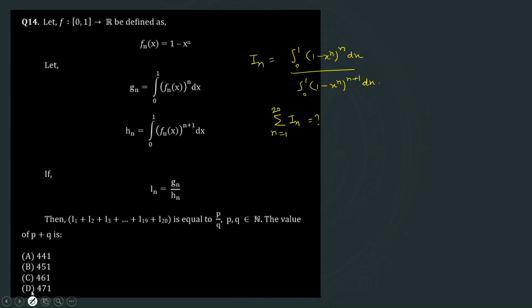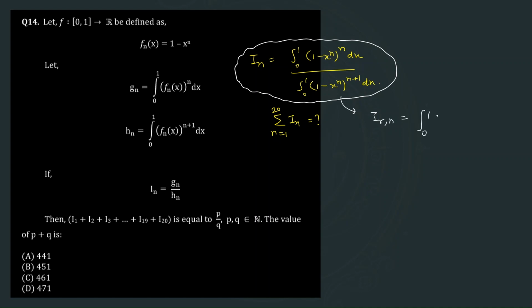So now we can observe easily that this is the same integral format that I discussed in a recent video, which is if I of r comma n is integral 0 to 1 (1 minus x to the power r) whole to the power n dx, then there is a result you need to memorize, that is I of r comma n divided by I of r comma n plus 1 is equal to 1 plus 1 divided by r into n plus 1.